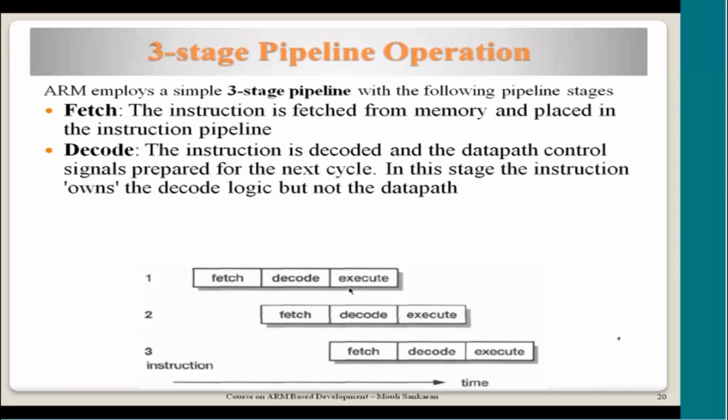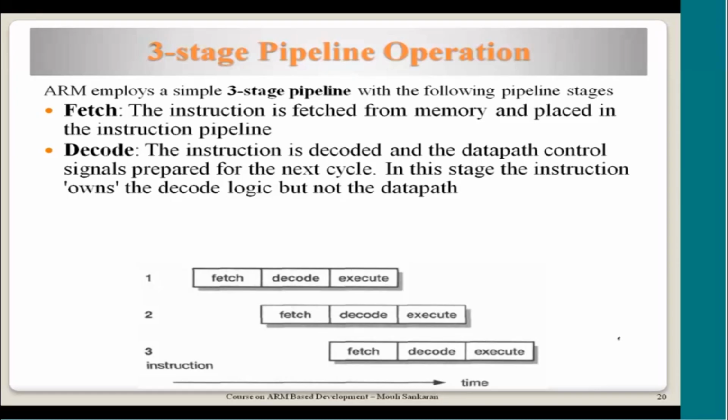So always the execution stage follows the decode logic, and the execution stage owns the data path. That means flow of data between the ALU and the register file happens during this time, and what signals are to be used during the execution stage is decided by decoding here.